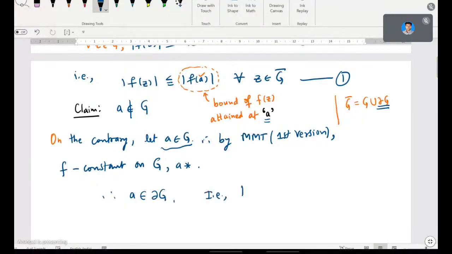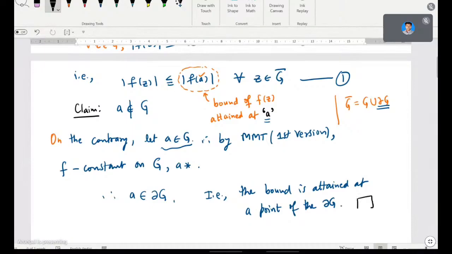That is, the bound is attained at a point of the boundary. Yes or no? Is this okay? Yes, sir. Fine, good enough.